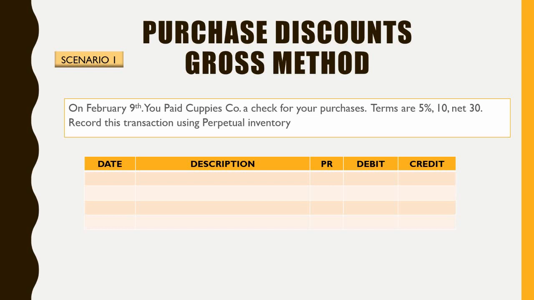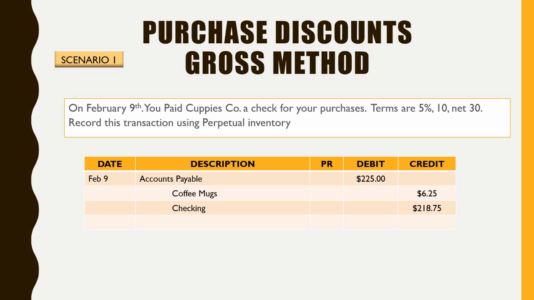And when you get the opportunity to pay, in this case I paid within 9 days and they gave me 10 days, then I recognize the discount, right? I don't put in purchase discount. I just take it out from my inventory right away for that $6.25. So therefore, I only pay $218.75 as opposed to the $225 that you originally owed because you paid within the terms.